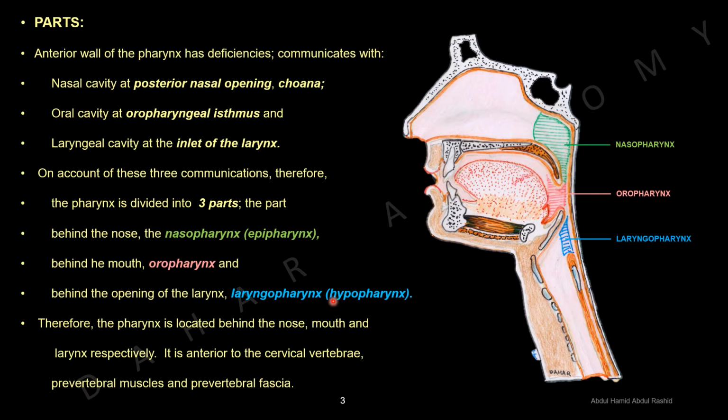The laryngopharynx is the lowest part, also called the hypopharynx. Therefore, the pharynx is located behind the nose, behind the mouth, and behind the larynx respectively. It is anterior to the upper six cervical vertebrae, vertebral muscles, and prevertebral fascia.